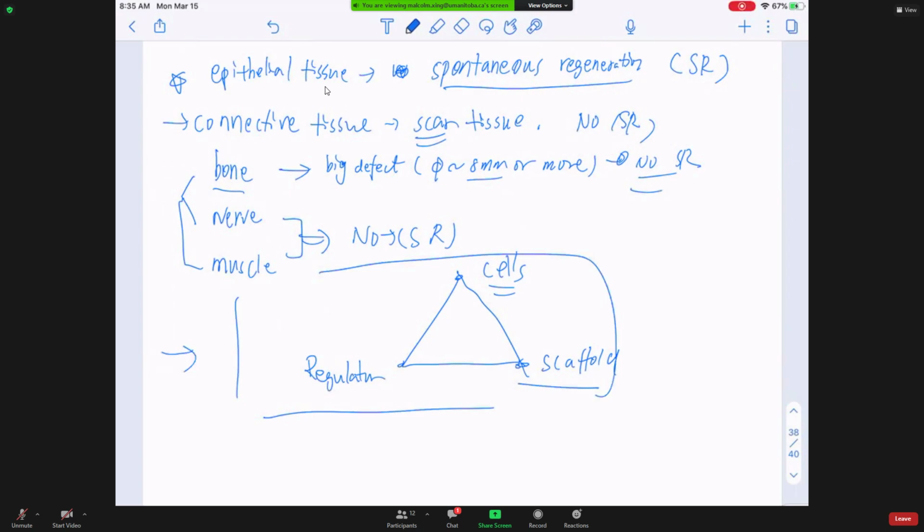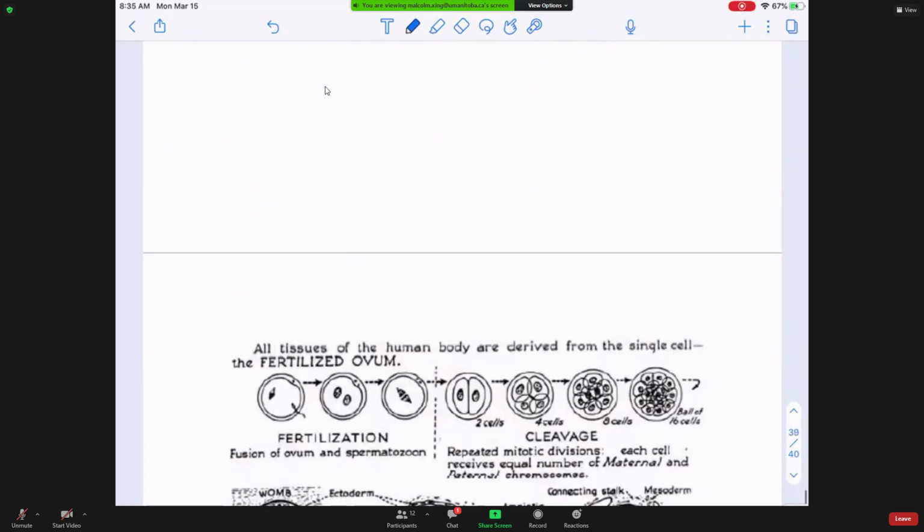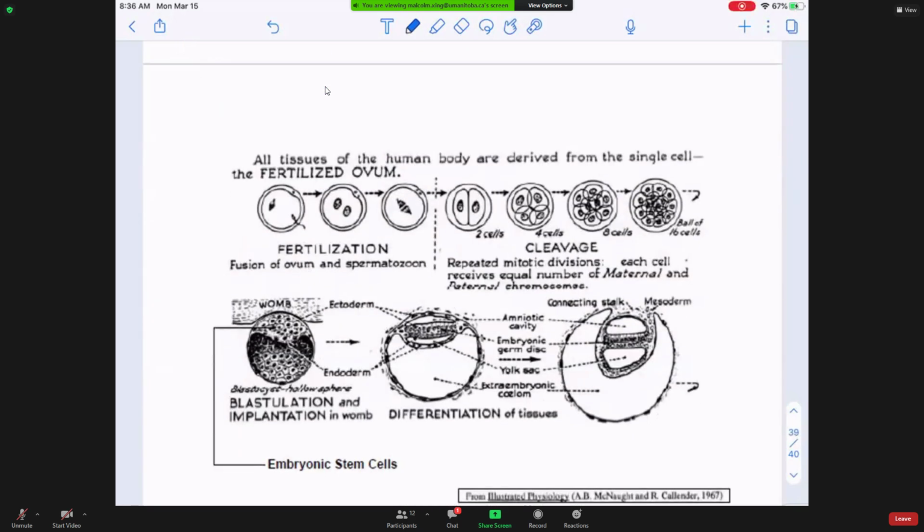Everything originates from the embryonic stem cell. That's the history: all tissues of the human body are derived from a single cell. We know that a fertilized ovum divides into 2 cells, 4 cells, which is what we call cleavage, then 8 cells and a ball of 16 cells.